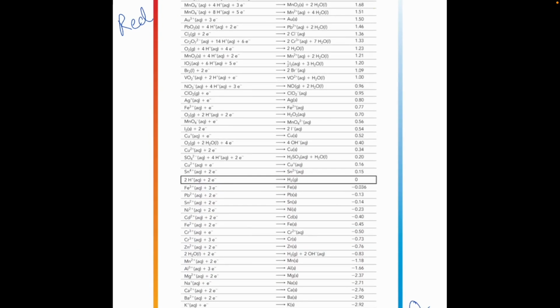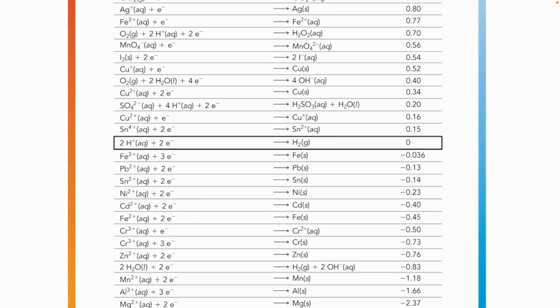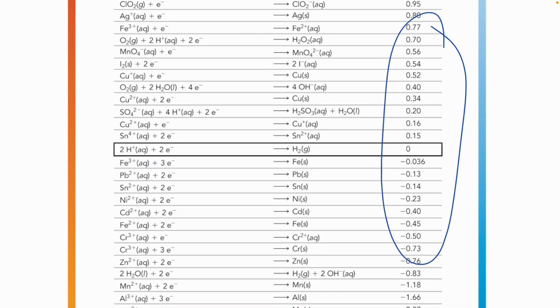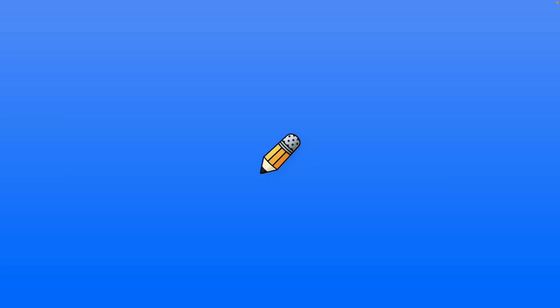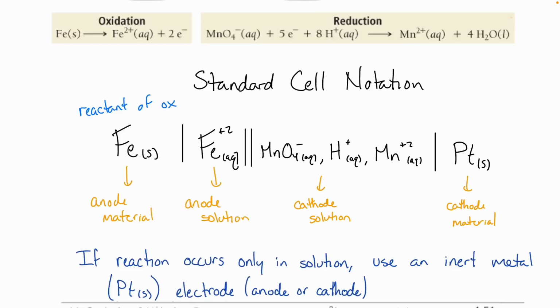Okay? So how are we supposed to use these numerical values here? I'm going to take those 2 entries for our zinc-copper battery.